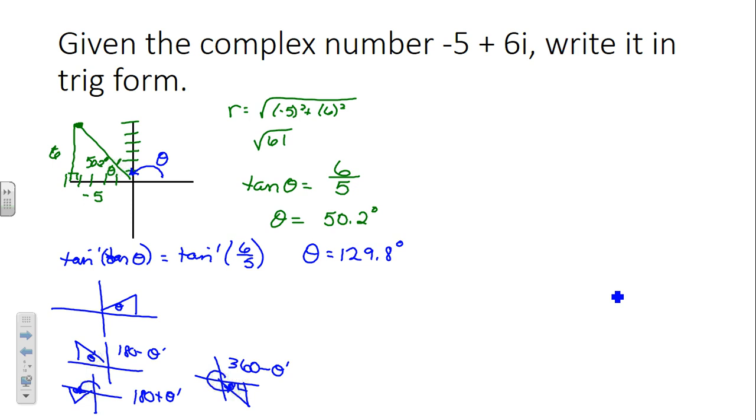So we've got all the parts we need. We had to find r, and we had to find theta. So let's rewrite this now in trig form. What does the trig form look like?